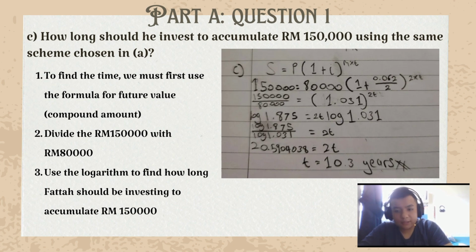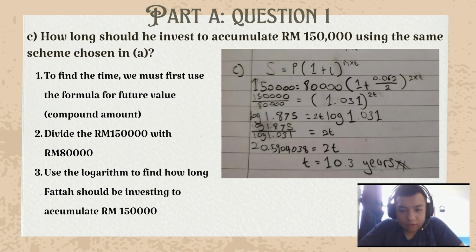Now on the right side, you have to take the 1 and plus it with 0.062 over 2, which will get you 1.031. Now for the next step, you have to use the logarithm to find how long Fatah should be investing to accumulate RM150,000. By doing so, you will get log 1.875 on the left side and log 1.031 on the right side with the 2t on the right side of the log.